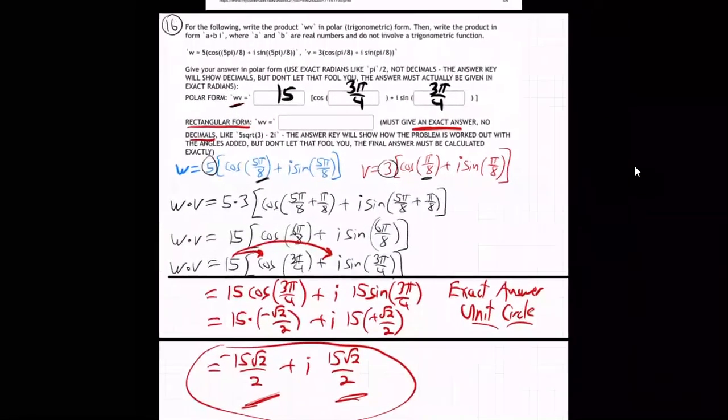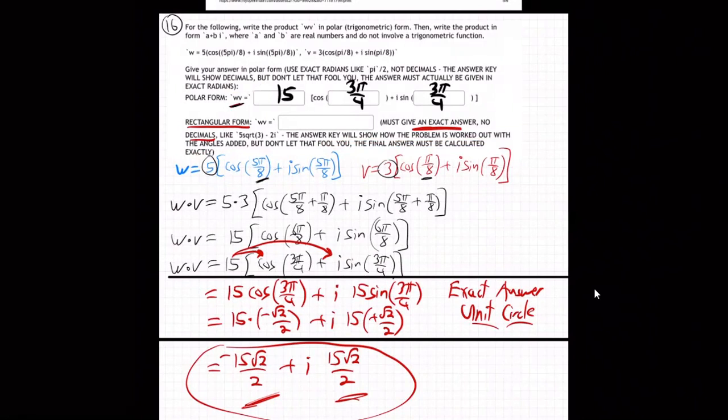Now, do you understand what all this verbiage is about? Don't worry about the answer blank. If you click the answer, it'll show you a bunch of decimals, or how the problem is worked out with the angles added. But that doesn't mean that's how it really wants the answers.